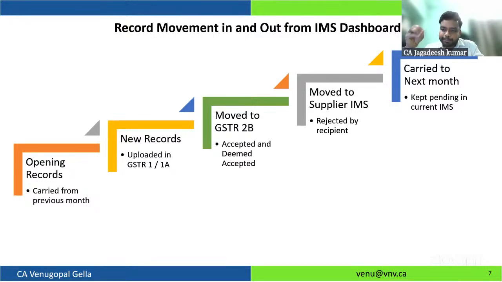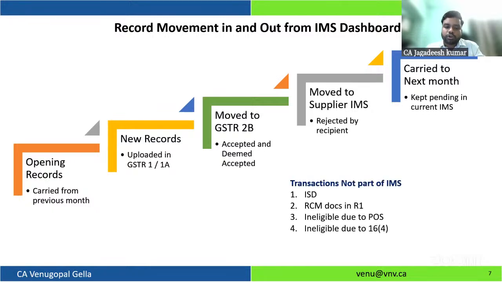And if you keep any invoices pending, those will remain in your IMS only. If you have accepted or rejected the opening records which were kept pending in the previous year, those records will be moved out of your IMS. Only those invoices which were marked as pending will remain in your IMS.